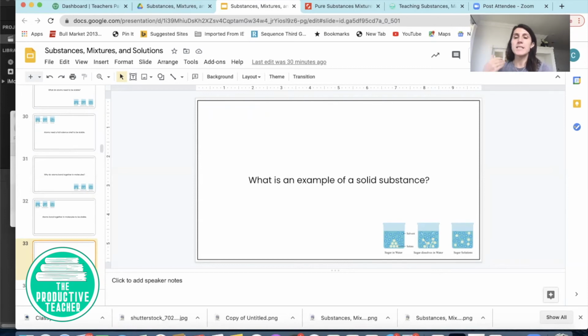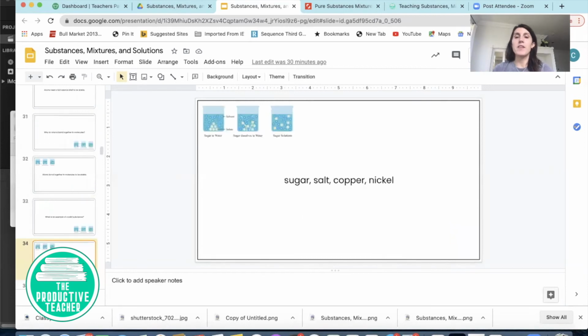So what is an example of a solid substance? Your brain is thinking about that right now. It might be thinking, oh, I don't know. That's okay. Your brain is thinking about it. And then you can see the answer right away. That combination of trying and then immediate feedback is going to really strengthen your students' neural networks around solutions, mixtures, and substances.